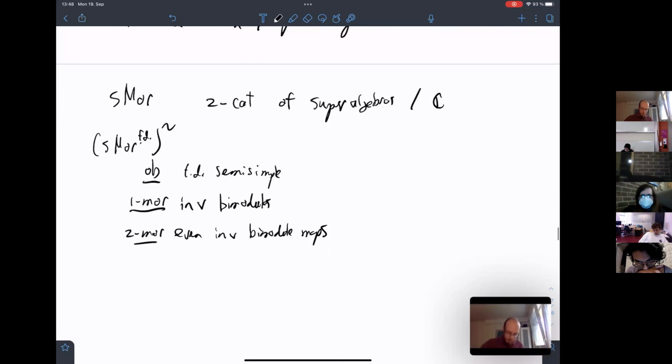And this turns out to still have an O2 action, as in the 1D case, it was O1.